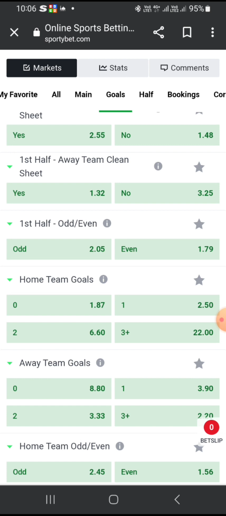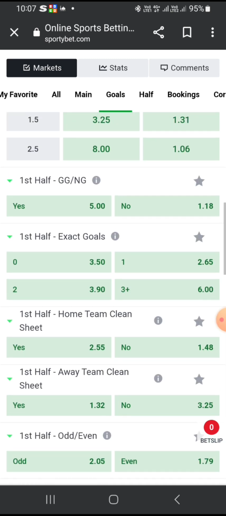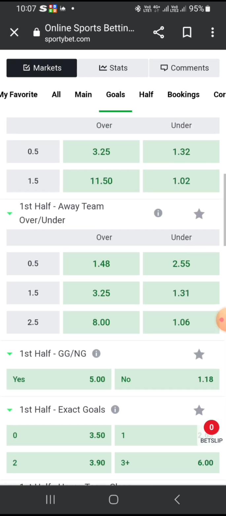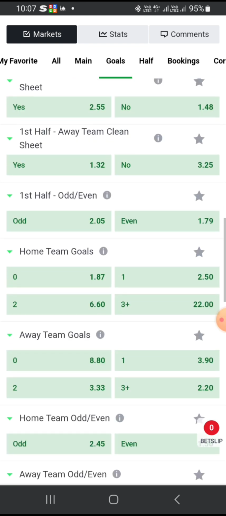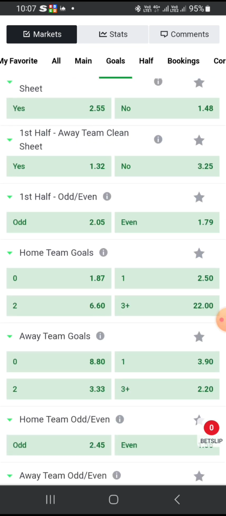First of all, are they strong? Are they not strong? The same applies to the away team. So are they strong or not? If they are strong, play it. Under first half, if they are strong, you can play it.